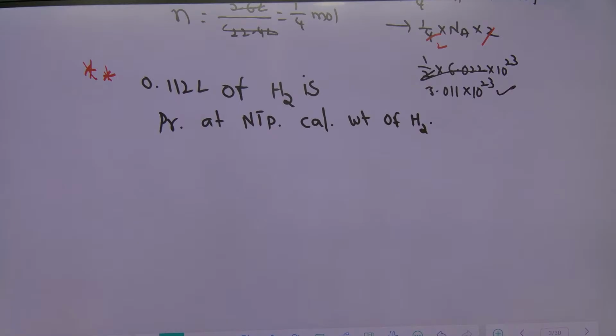So write like that: 11.2 into 10 power minus 2 divided by 22.4. Okay, how many times 11.2 is 22.4? So you got it as 1 by 2 into 10 to the power minus 2, right? Okay, this many moles you got. Okay, perfect up to here.